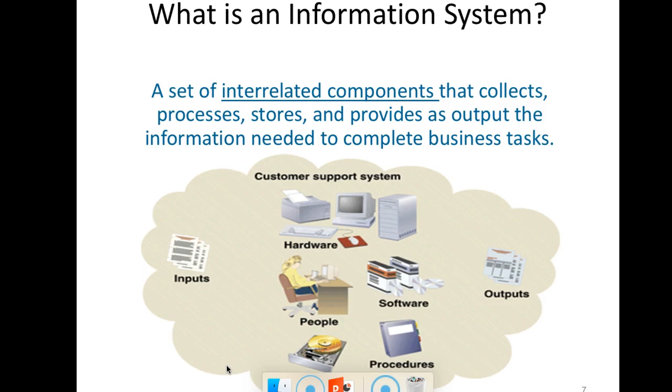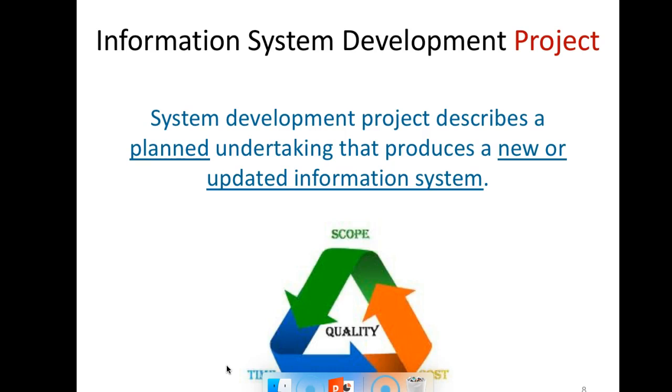What are information systems projects? Information systems projects are planned undertakings that produce a new or updated information system. It's important to know that information systems projects are defined by their timeline, their budget, scope, which is the set of functionalities that the project will deliver, and the quality at which those functionalities will be delivered.